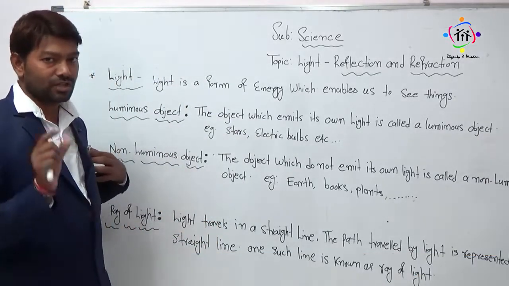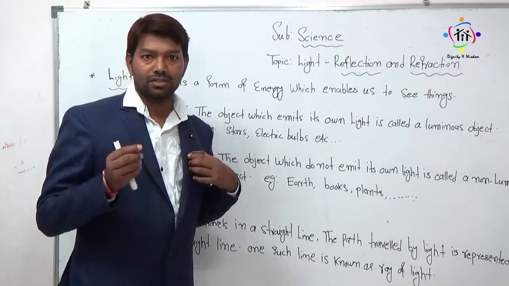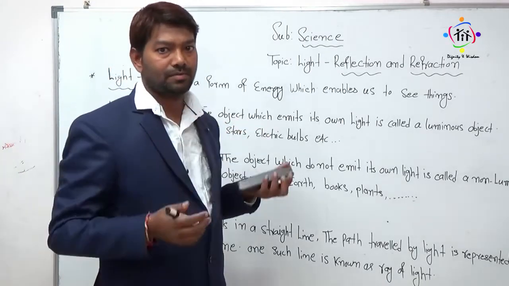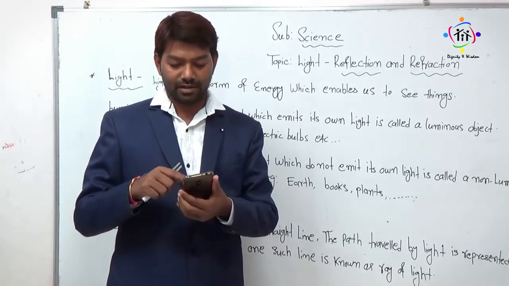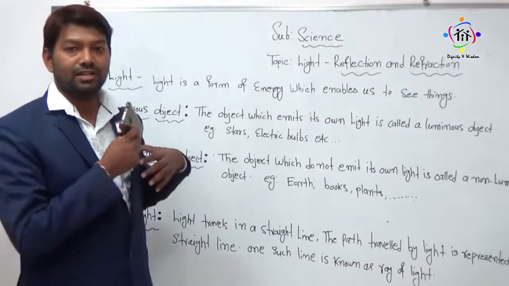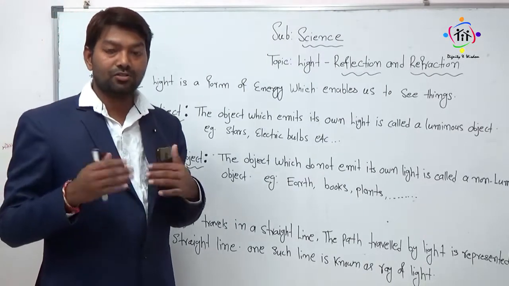Now I will explain it with a small example. Just switch off the light. Now you can see that I am using a mobile here. Now it is total dark. This is a torch. Can you see over here? This is the object which emits light, right? Now you can understand that there are some objects which emit their own light.